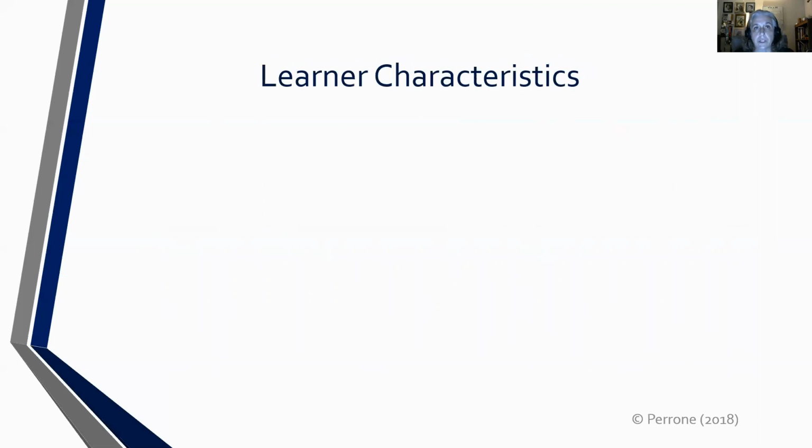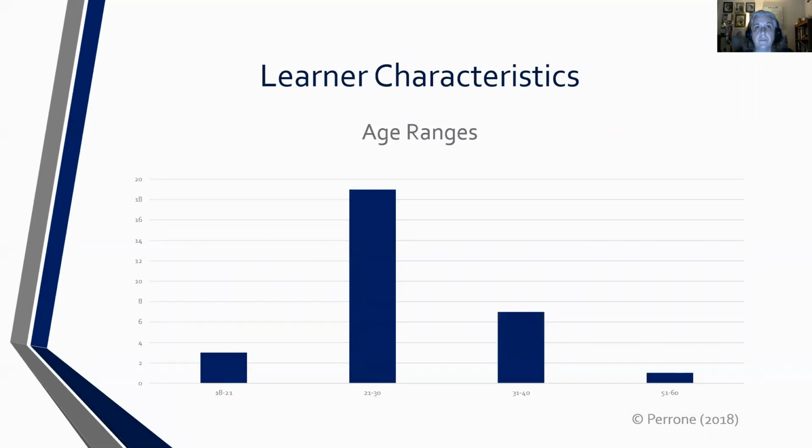Learner characteristics. Beyond the variations in education levels and motivations stemming from that, the learners in this design are known to vary in ages as well. The graph on the screen shows that the learner analysis revealed a majority of the training participants will be in the 21 to 30-year-old range.